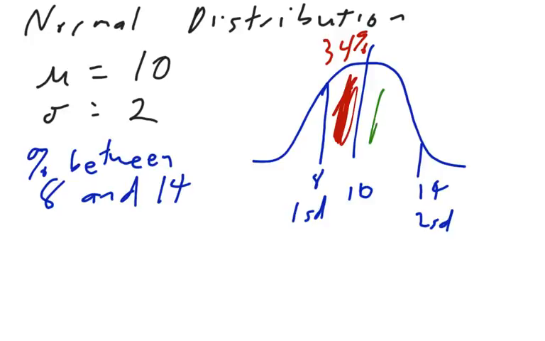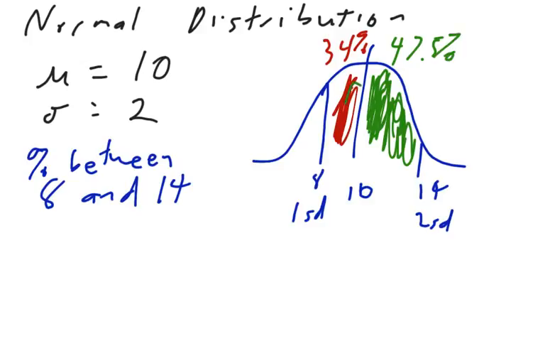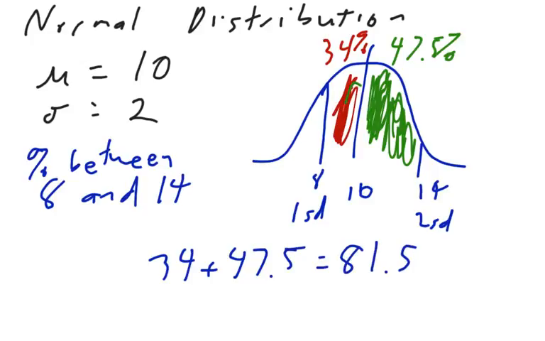On the other side, in green here, that's two standard deviations, which was supposed to be 95%, except we only have the stuff on the right in green. So if I take 95 divided by 2, that's 47.5%. So, since we can combine the green and the red here, we're going to take the 34 and add the 47.5, and we get a total of 81.5% of the data.